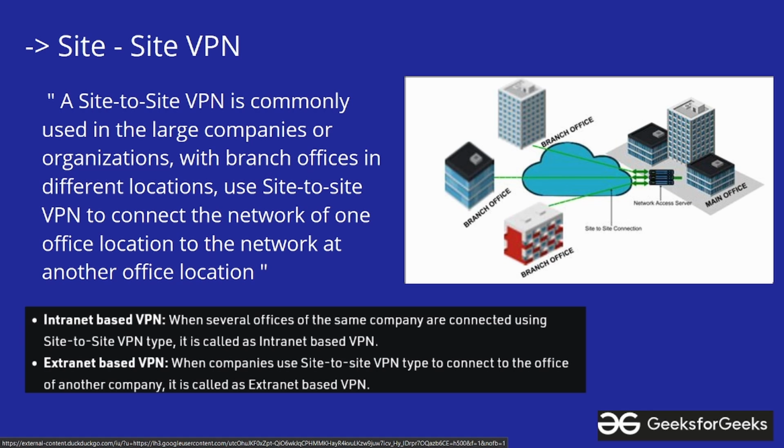Only the organization's offices are connected in this network. There are no outsiders. Whereas in an extranet-based VPN, companies use site-to-site VPN to connect with an outside external organization. It's called an extranet-based VPN.